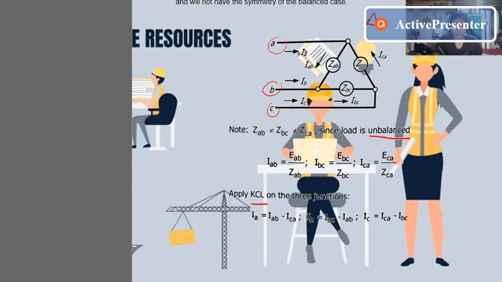So we have our IA, with IAB. Solving for IA, we have IAB minus ICA. Same for solving the current B, we have IBC minus IAB. And solving for our current C, we have ICA minus IBC.